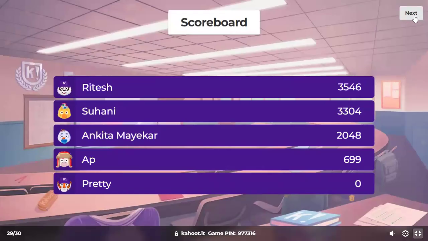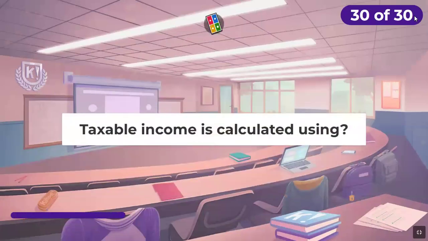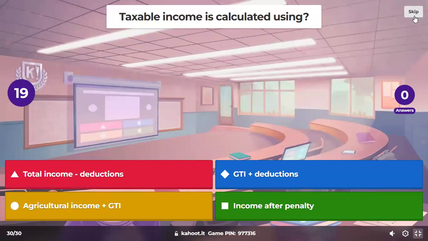So last question now, and this will decide who is the winner. Taxable income is calculated using: red, total income minus deductions; yellow, agricultural income plus gross total income; blue, gross total income plus deductions; and green, income after penalty.